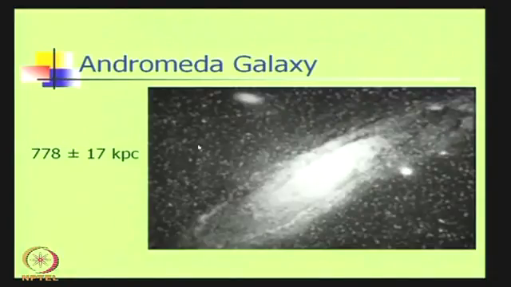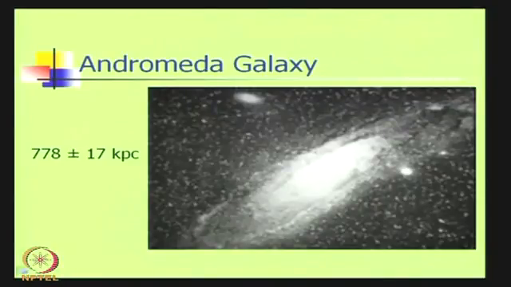The nearest full-fledged galaxy is the Andromeda galaxy, and the distance to Andromeda was determined using Cepheid variables, and it was established that these nebulae are outside our own galaxy. So it was established that there are galaxies like our own galaxy outside. We are not the only galaxy in the universe.